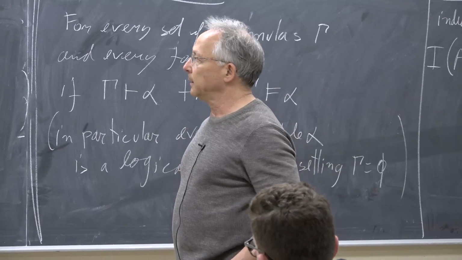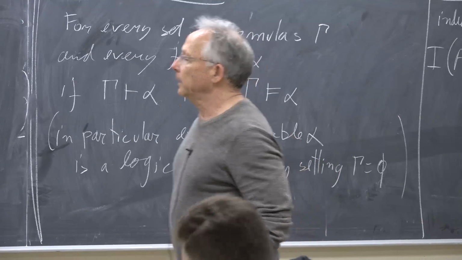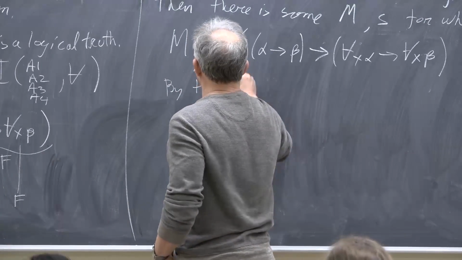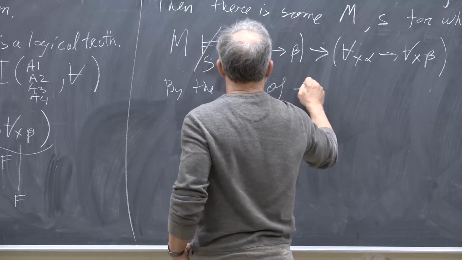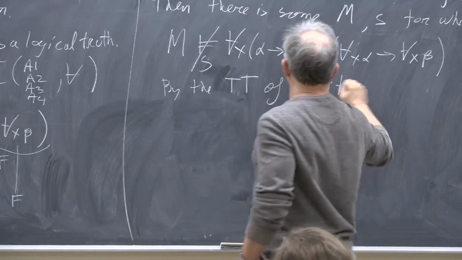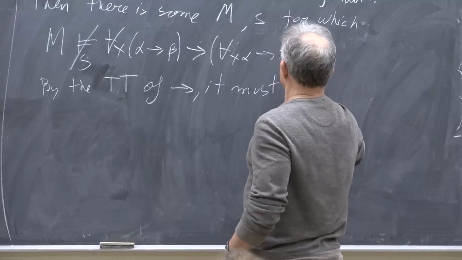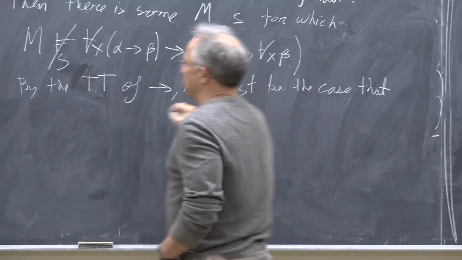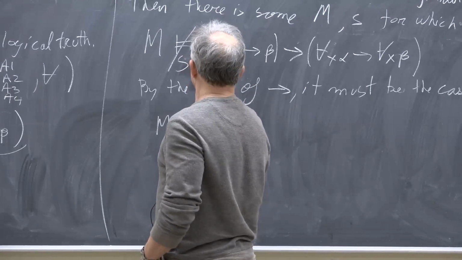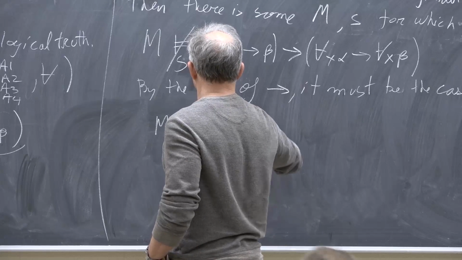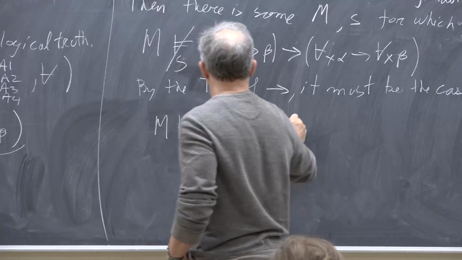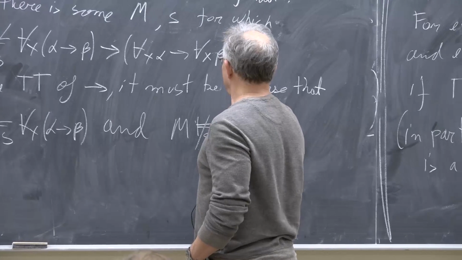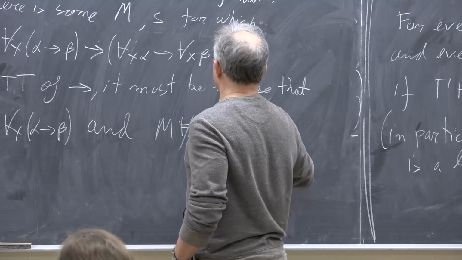Okay? Now, by the truth table of the arrow, it must be the case that this M under S satisfies for all x alpha arrows beta, and this M under the same S does not satisfy for all x alpha arrows for all x beta.